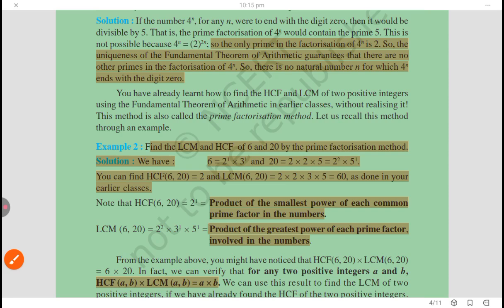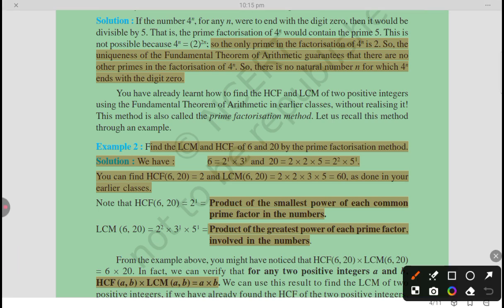Now let us compute the LCM and HCF of 6 and 20 by the prime factorization method. We have 6 equal to 2 multiply 3, then 20 is 2 multiply 2 multiply 5, that is 2 power 2 multiply 5.